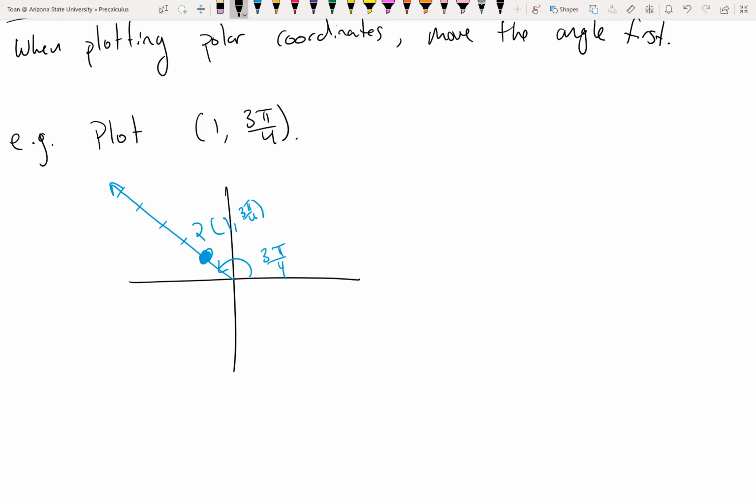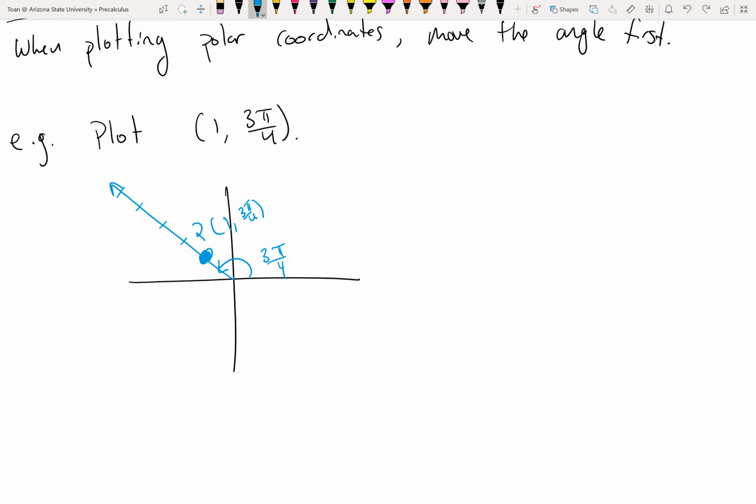When you mark your angle, whichever direction the ray is facing, that's considered positive. Then the opposite direction would have to be negative. So for instance, this blue line right here is the terminal side to the angle 3/4. Notice how it's pointing in the top left direction. That I would consider as positive r's.